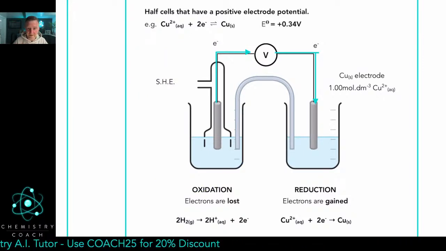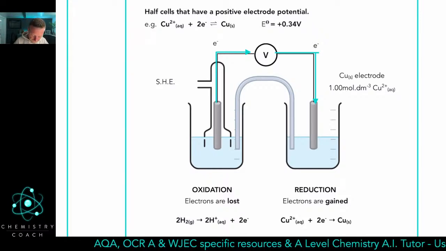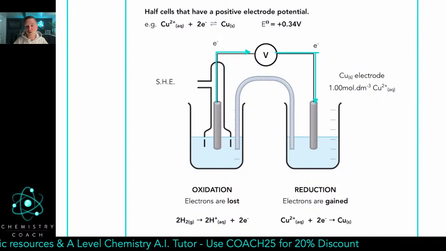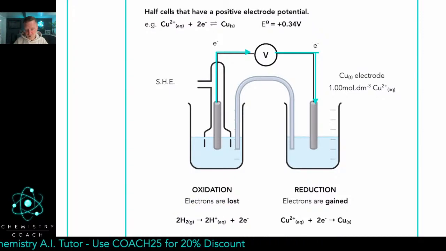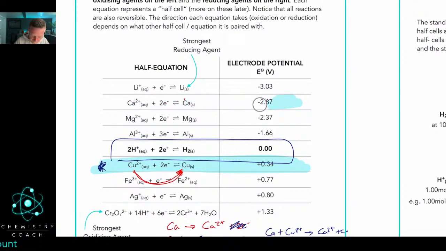So what happens here is that if we hook this up with a Cu2+ electrode, the hydrogen is going to get oxidized and the copper is going to get reduced. Let's have a look, just prove that.